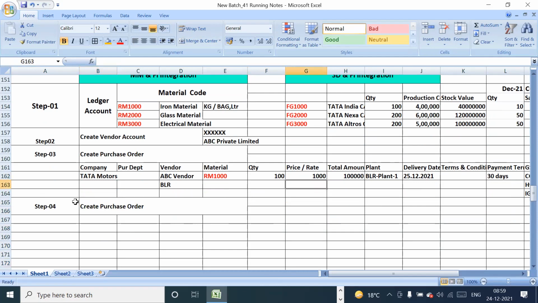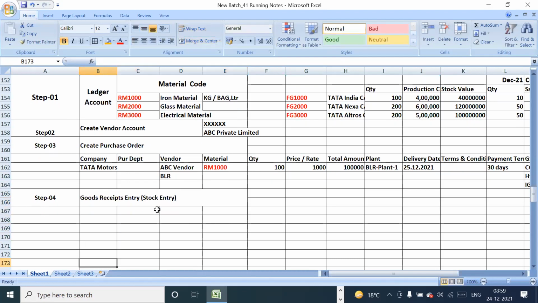So when you receive the goods, what do we need to perform? You need to perform the goods receipt entry or stock entry.